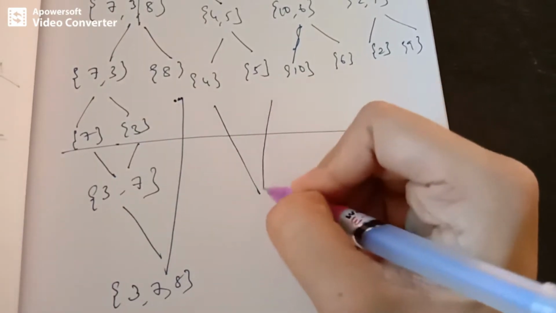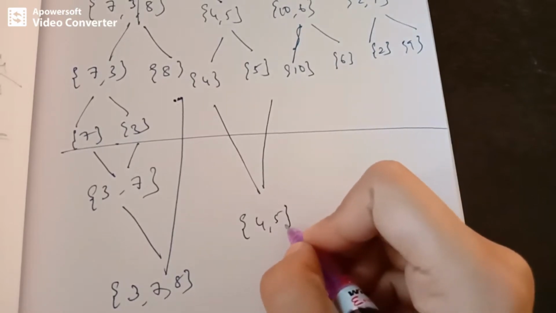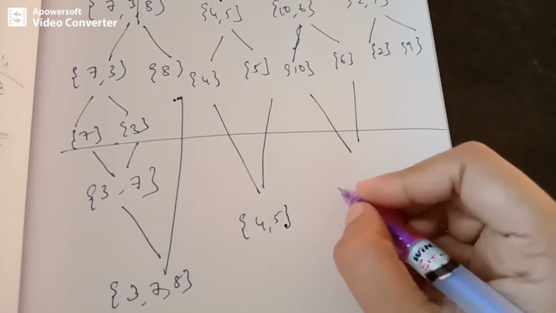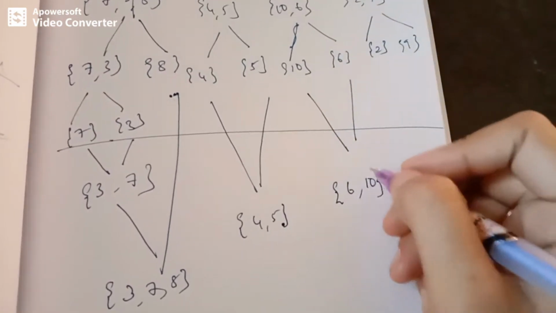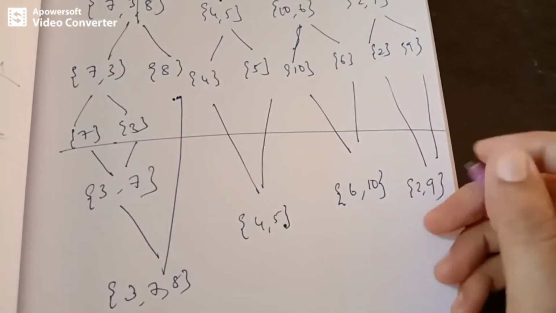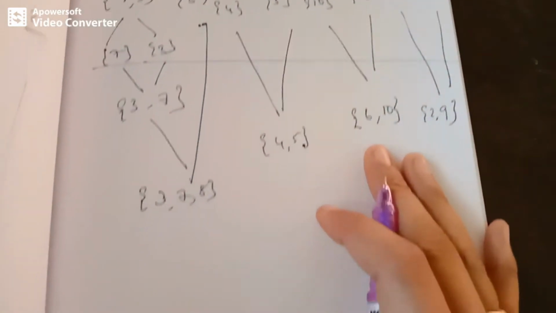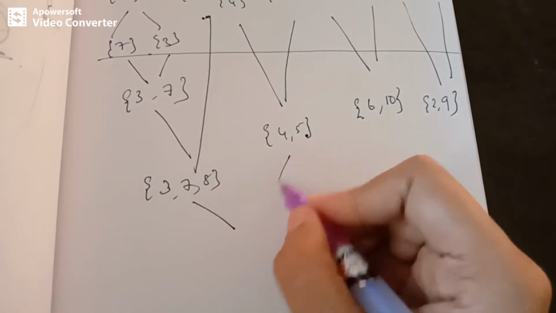Next I will take these two elements 4 and 5, which are in order. Next 10 and 6. When I combine these two, we sort them and arrange them in increasing order. So this is the different sublist after arrangement of the items in order.